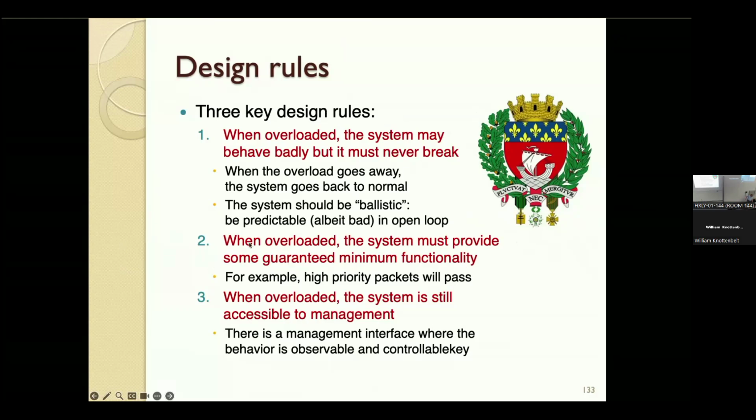The second rule is when the system is overloaded, there must be some guaranteed minimum functionality. It must not go to 0. There must be, for example, some high priority packets that still pass. In the military jargon, the emergency action messages, as the P&Sol people know, should still pass, even though the others don't pass.